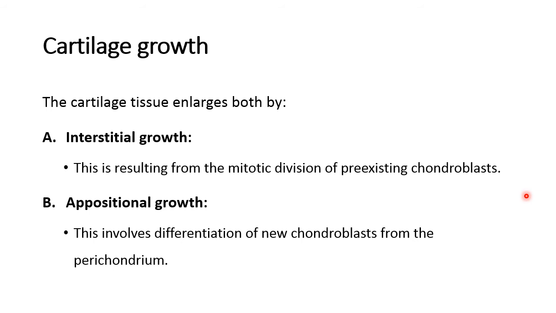Okay, differentiation of new chondroblast from the perichondrium. أما الانترستيشيال من اسمه interstitial داخل الميتوتيك division of pre-existing chondroblast من الوسط، والابوزيشنال جروث بيجي من الأطراف لأنه من البريكوندريوم.